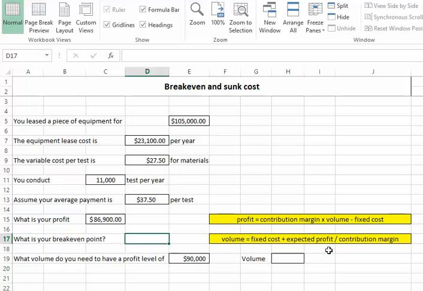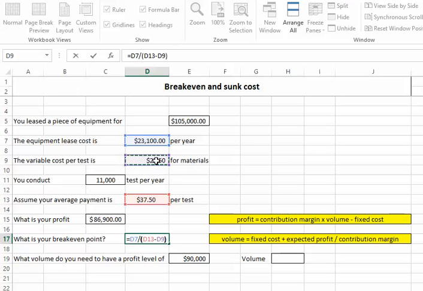The next question is, what is our break-even point? We're using the second calculation, and the second calculation is we're attempting to calculate volume. So in this case, all we're looking for is the fixed cost, which is the lease payment. We're dividing this by our contribution margin. So again, in parentheses, we have the payment minus the variable cost.